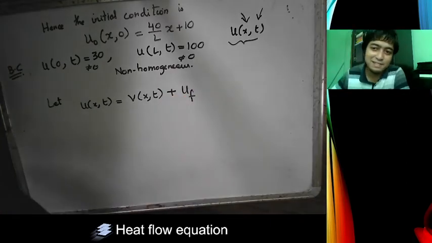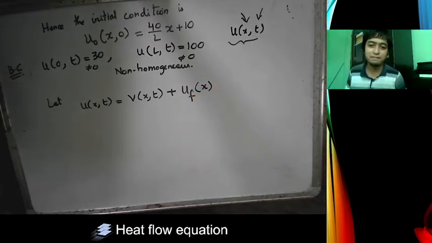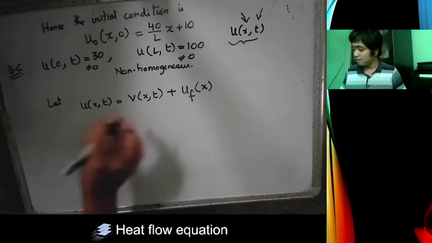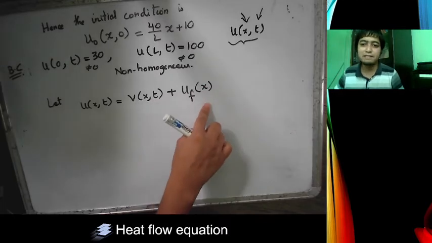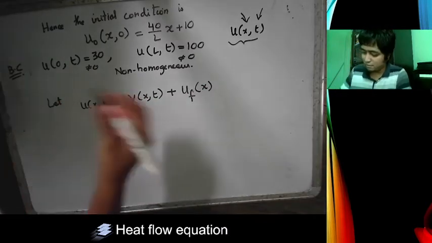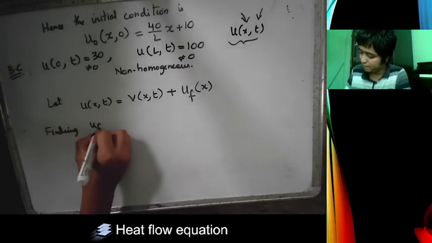But the final steady state, because it is steady, will no longer depend on time, so I can write it as u_f(x). First, let us find what u_f(x) is, because it is steady.